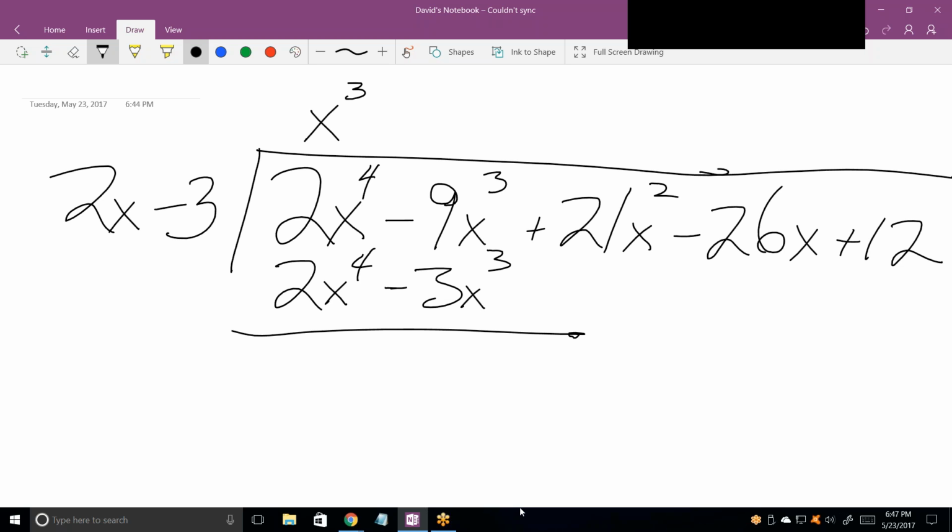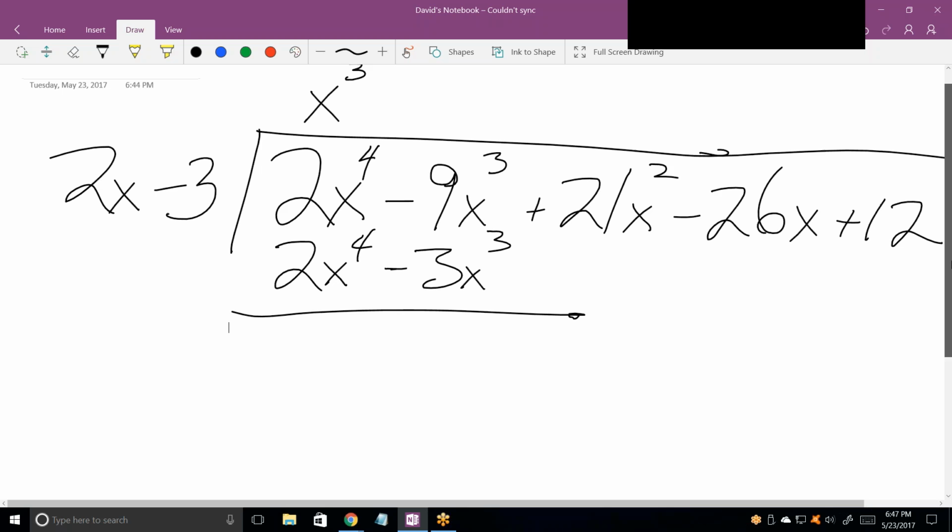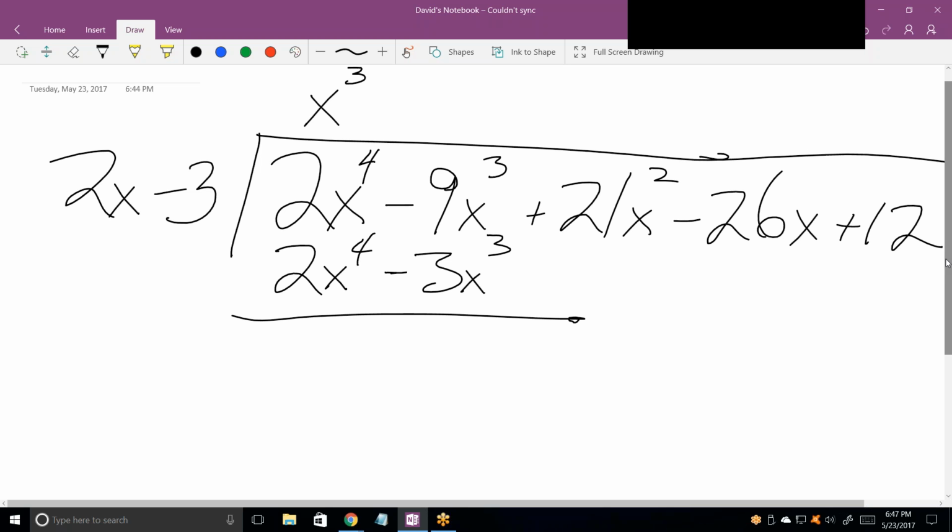The difference between synthetic division and long division is that long division is subtraction, synthetic division is addition. One of the reasons it's easier is because people have a lot harder time with subtraction than they do addition. But since they said you had to do this by long division, we're stuck with subtraction. Now, subtract the bottom from the top. What do you get? You get negative 6x cubed.